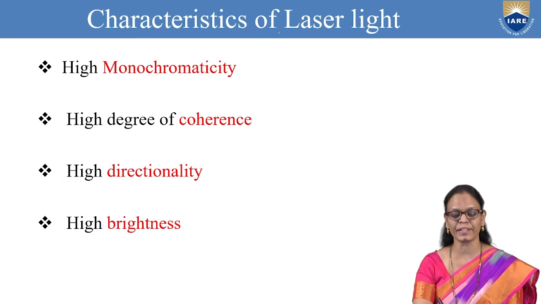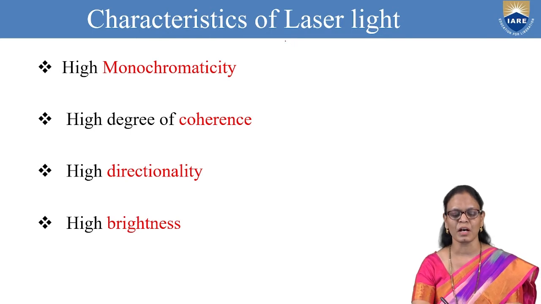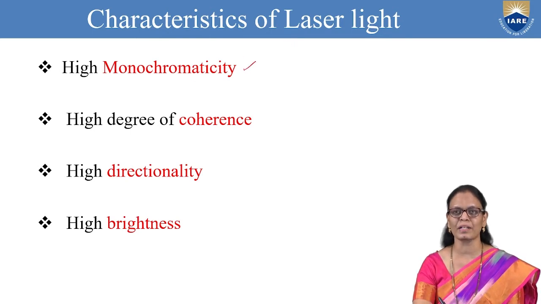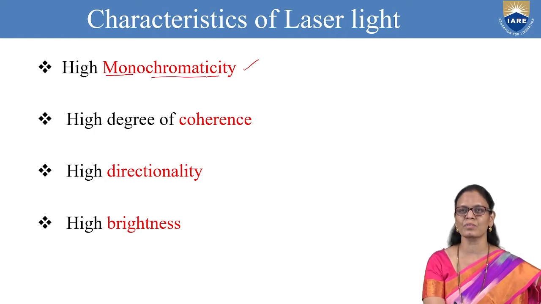Now, coming to the characteristics of light, the characteristics that make laser very important and which have brought in a lot of applications are, first, high monochromaticity. Mono is always related to single, chromaticity is related to color.